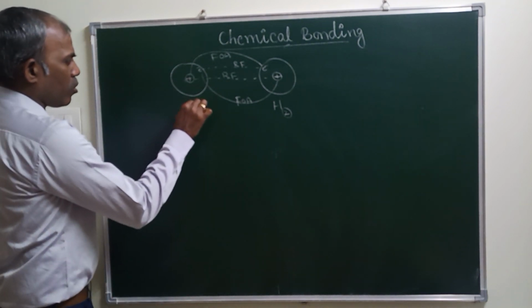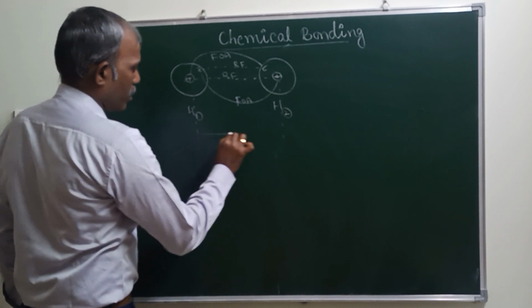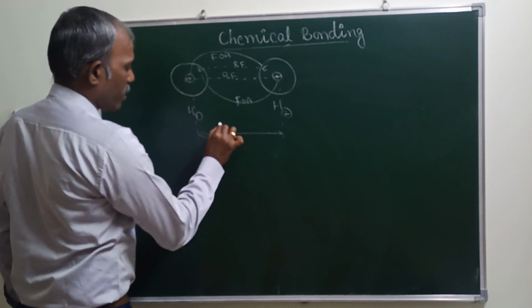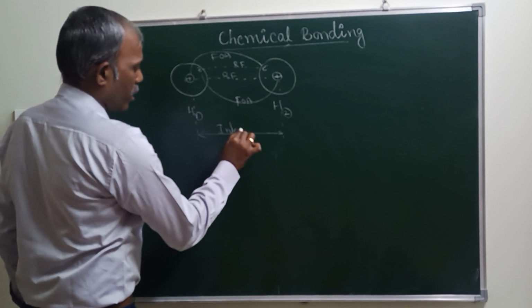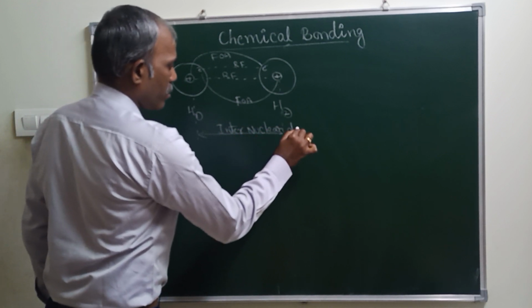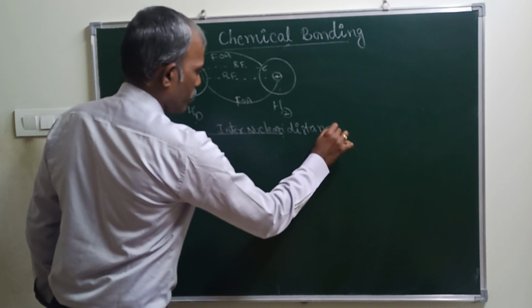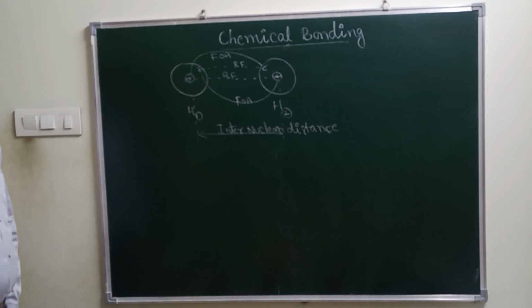So here this is the nucleus, this is the nucleus of the second atom. The distance between the nuclei of the two atoms is the internuclear distance.